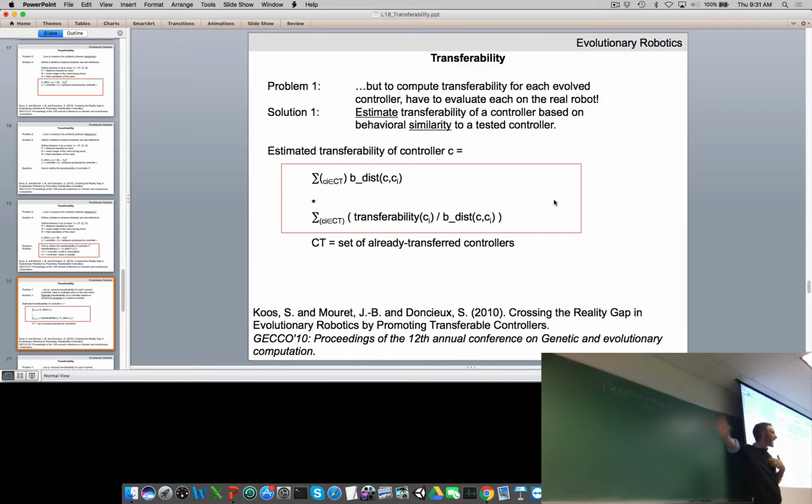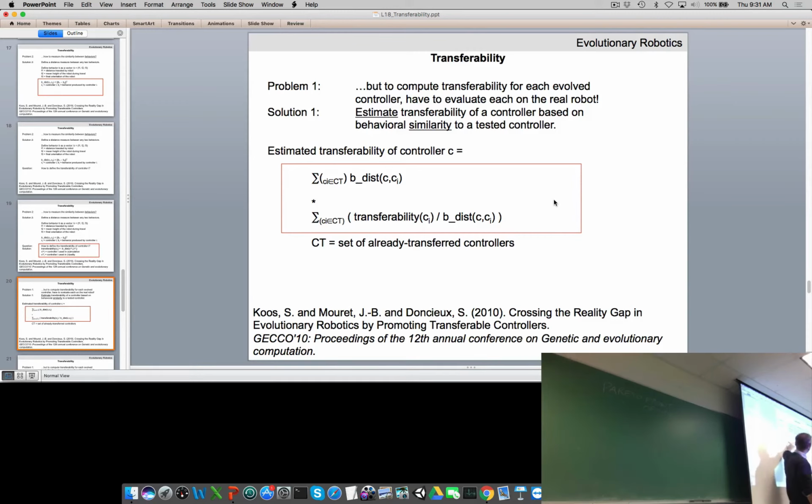I'm going to discount. I'm dividing by a big number. I'm discounting that controller's transferability or lack of it, right? I don't care. We're basically saying the transferability of C is sort of the average of all the transferabilities that have been measured so far, but weighted by the distance.